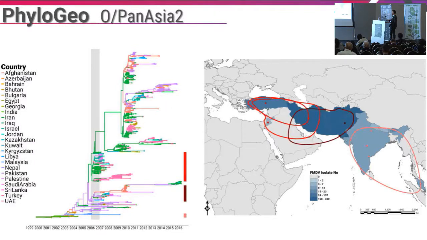Going forward in time, we have experienced a wave of new sublineages emerging in the Pakistan-Iran ecosystem, and some moving to Turkey.